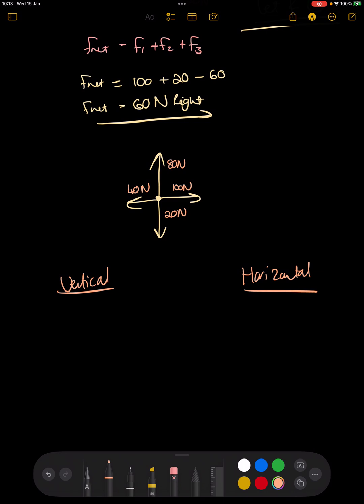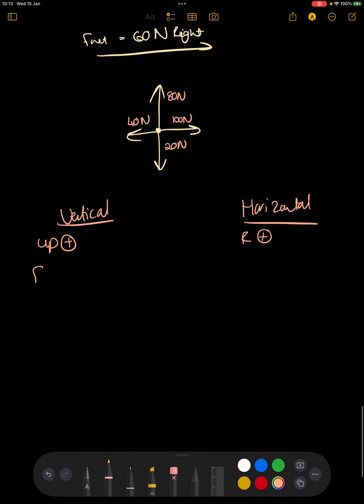Now with vertical, I'm going to choose up as positive, and with horizontal, I'm going to choose right as positive, just so that I know. Now I'm going to look at all my verticals. So F net vertical is equal to force 1 plus force 2. So that's going to be 80 minus 20, because I chose up as positive, which means down is going to be negative, which means my vertical force is going to be 60 newtons up.